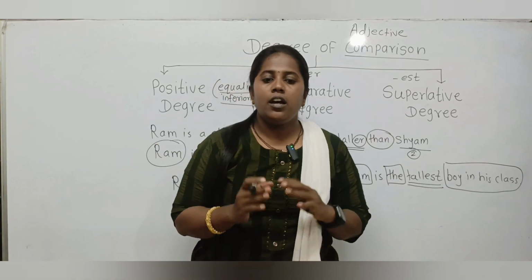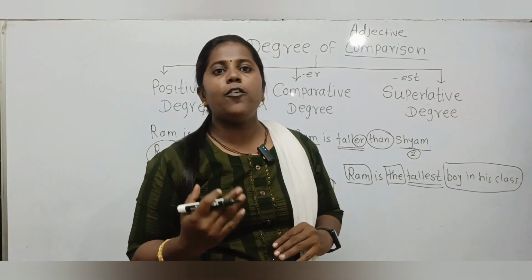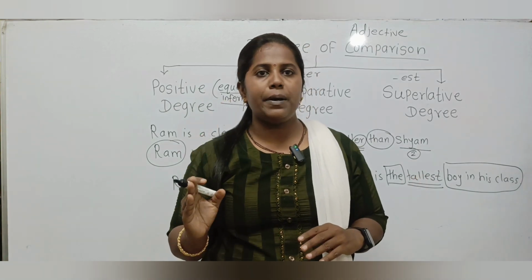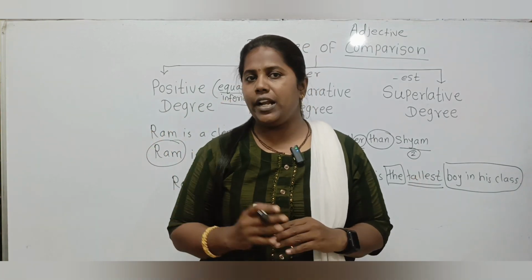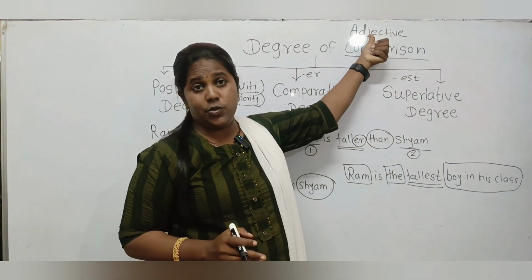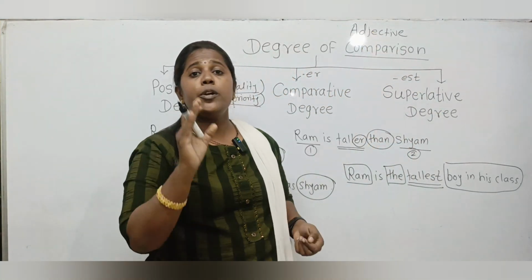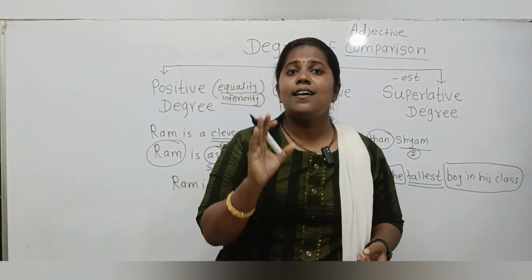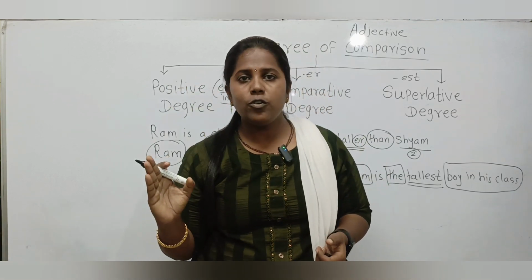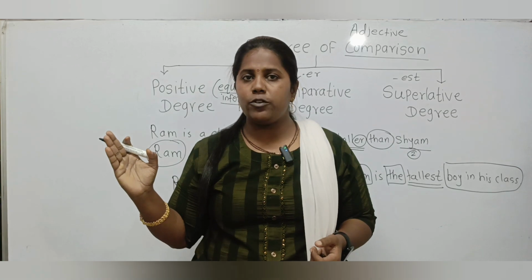So in this way, in degree of comparison you can find three types of degrees. First one is positive, second one is comparative, and third one is superlative degree, and all these degrees are totally based on adjectives and forms of adjectives. So you can say that adjective has three forms. First one is positive form, second one is comparative form, and third one is superlative form.